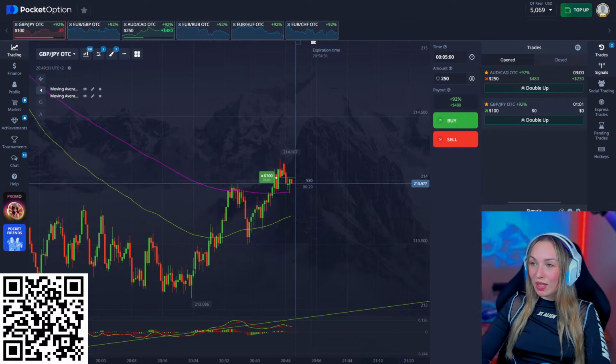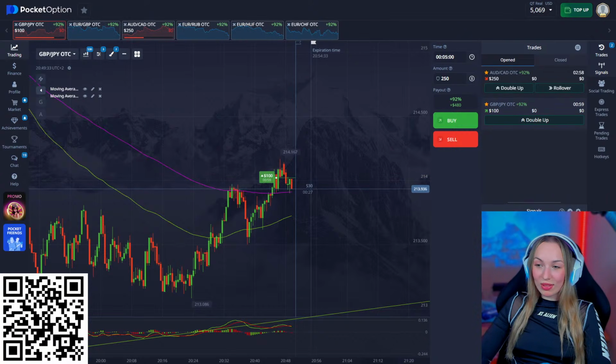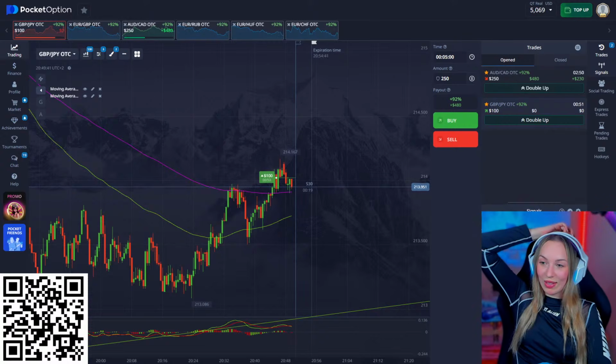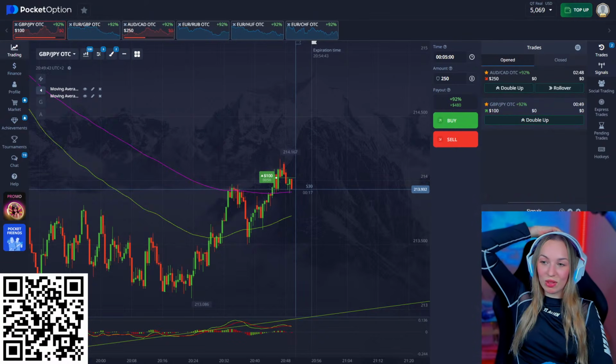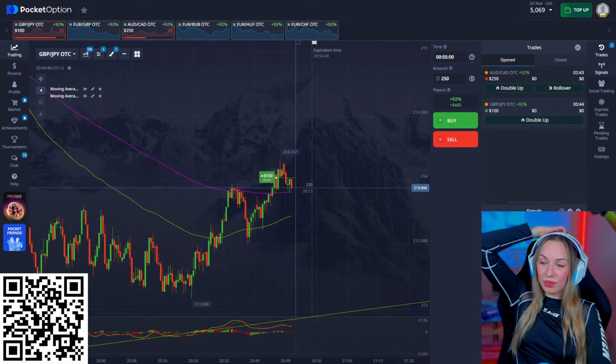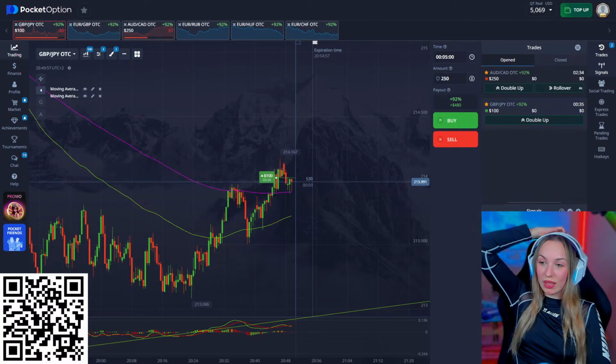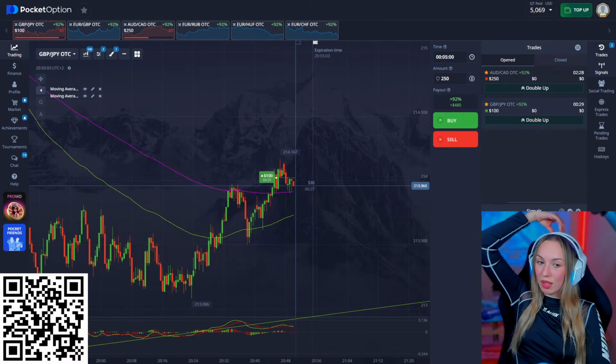And GBPJPY is so close. It was so close to the entry point to become profitable. What is going on? Maybe here we need more time. I told you that it is moving super slow, so maybe we need to put our trades a little bit more time, like not 5 minutes, but maybe 6 or 7 minutes.